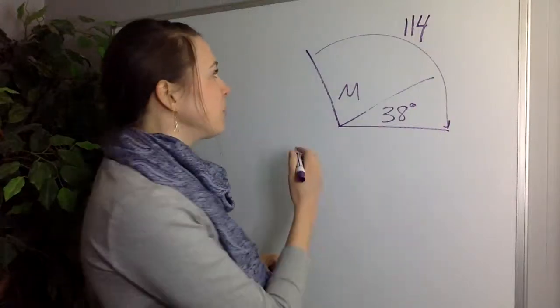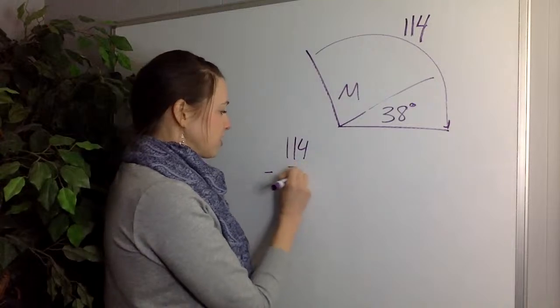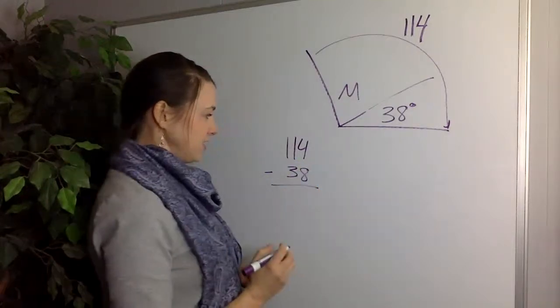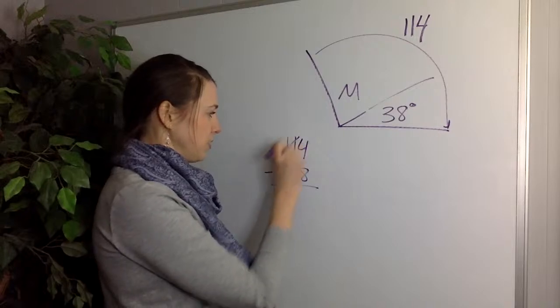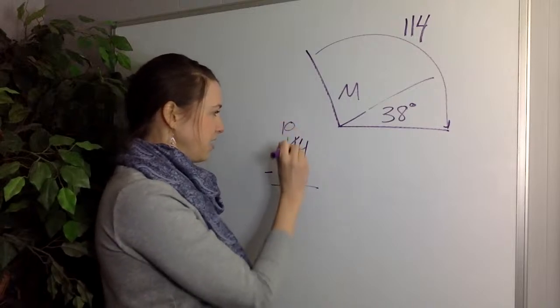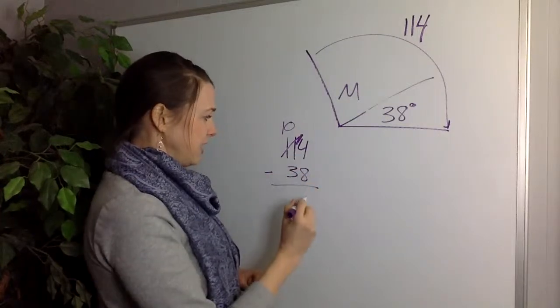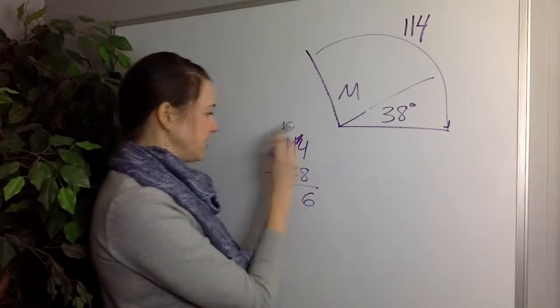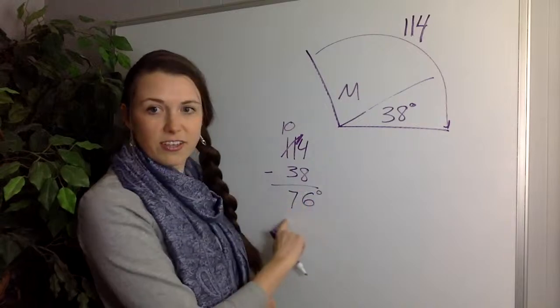All right, I'm going to go 114 minus 38, right? Okay, so I'm going to make that a 10, and this is a 14. So 14 minus 8 is 6, and 10 minus 3 is 7. So this is 76.